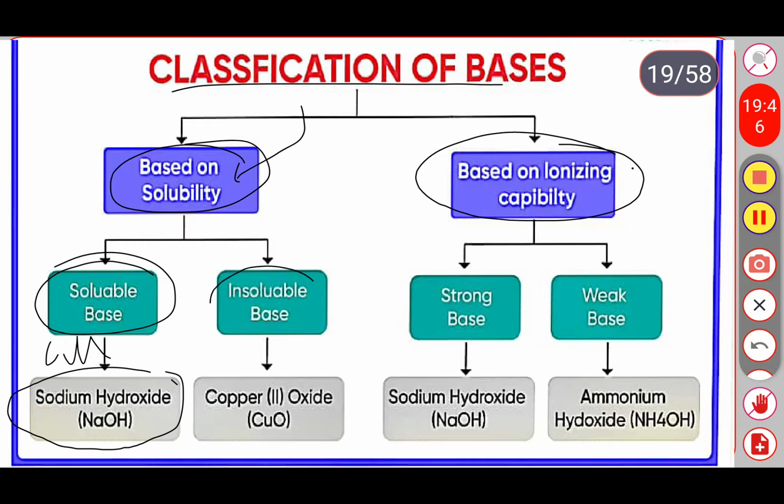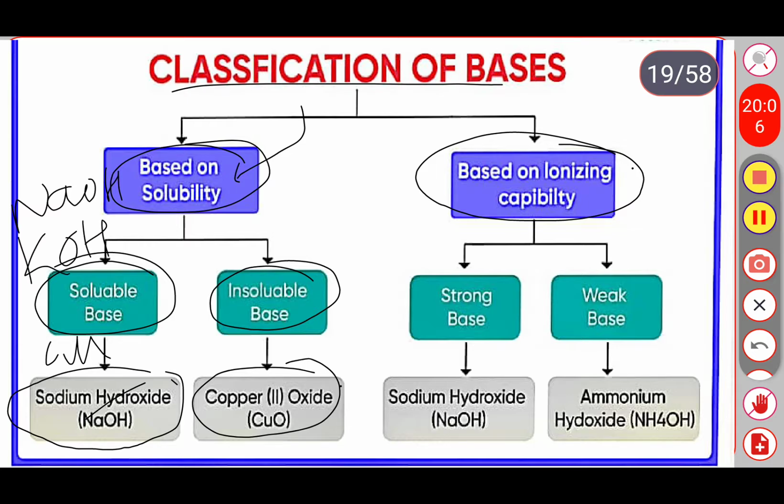Some more examples of soluble bases are NaOH, potassium hydroxide KOH, calcium hydroxide, and ammonium hydroxide, NH4OH. So these are all the best examples of soluble hydroxides.